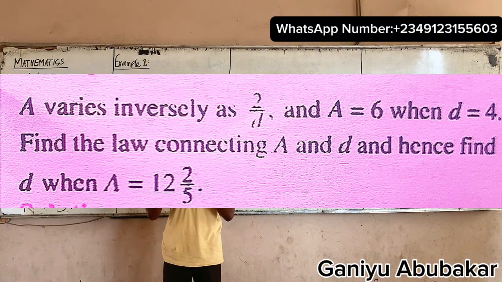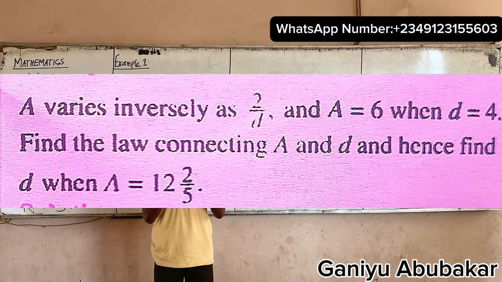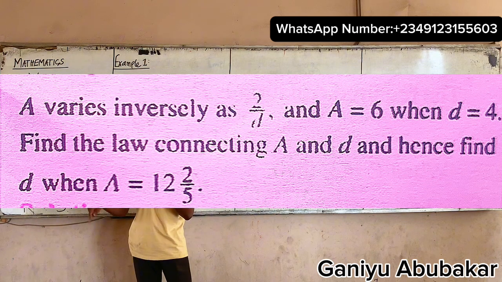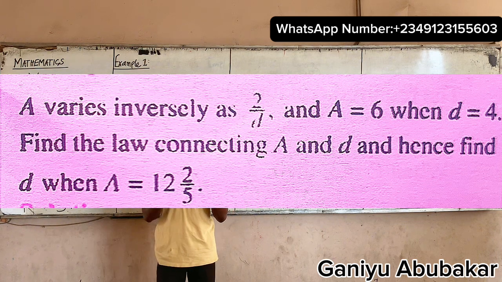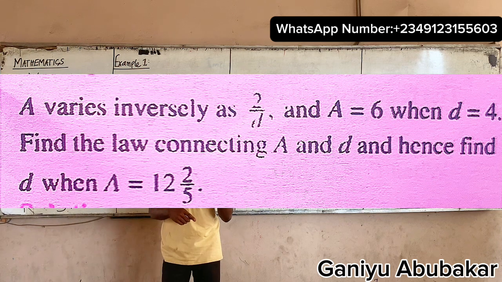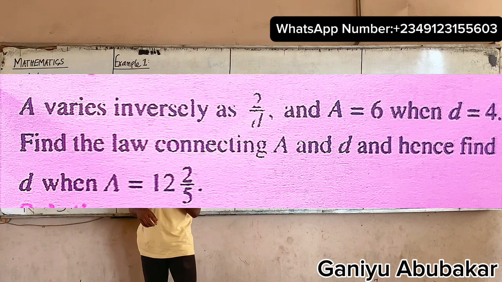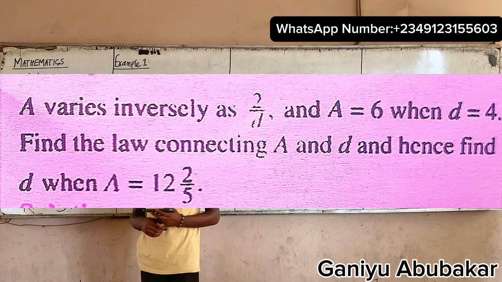Find the equation connecting A and d, and hence find d when A is equal to 12 whole number 2 over 5.